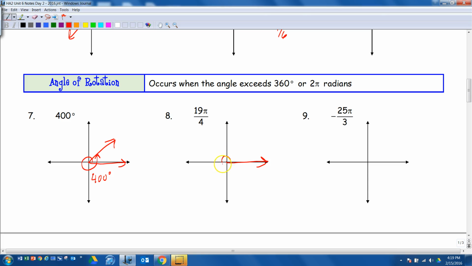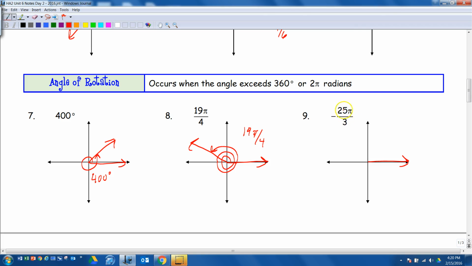So that's 4/4, 8/4, 12, 16, 17, 18, 19 fourths. And there we are. 19 pi over 4. Again, you could always check by changing it to degrees, but I like to just work in radians because it's easier for me that way.